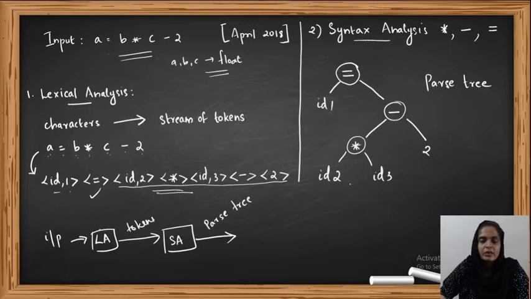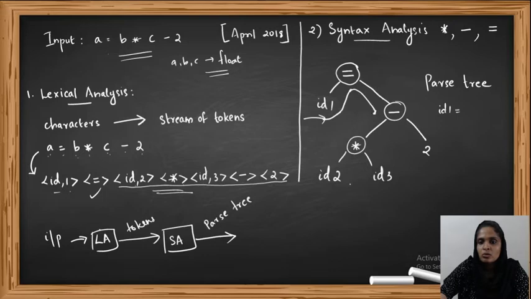And just to check whether you have drawn the tree correctly or not, you just have to do an inorder traversal. Look here, start from the leftmost side, from here, okay? So what we saw first, we can see ID1 first. So ID1, then what comes? Equal to. Then here this subtraction we will not consider now because we are considering the inorder.